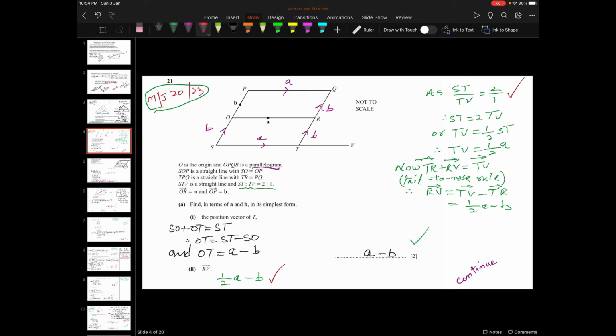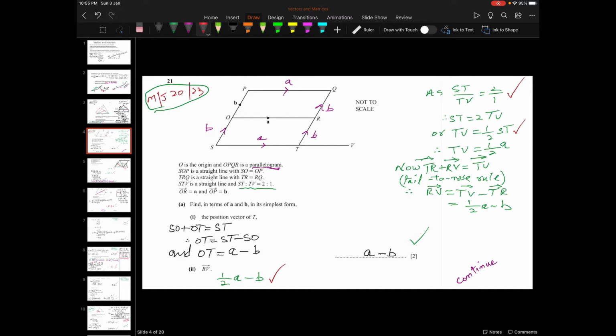So ST is equal to 2TV or TV is equal to half ST or TV is equal to half A, where A is the value of ST. How? Because STRQ and STV are the straight lines, so OR is equal to ST.